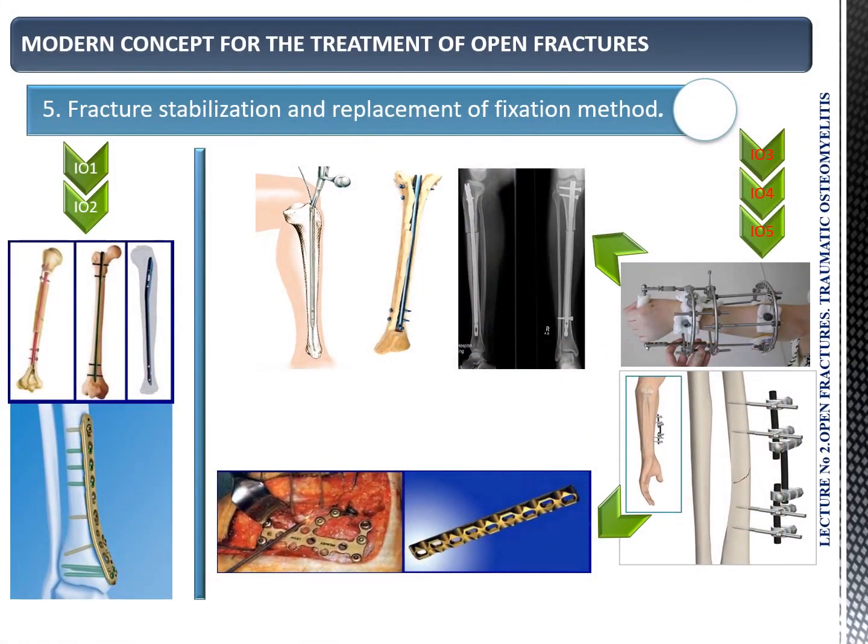In more detail, I would like to focus on the 5th point of the concept, the moment of stabilization of fractures and replacement of fixation methods. As we said earlier, with small, minor damage to the soft tissue integument, that is, according to the classification, AO 1 and AO 2, in principle, traditional methods can be applied, that is, on-bone or intraosseous osteosynthesis.